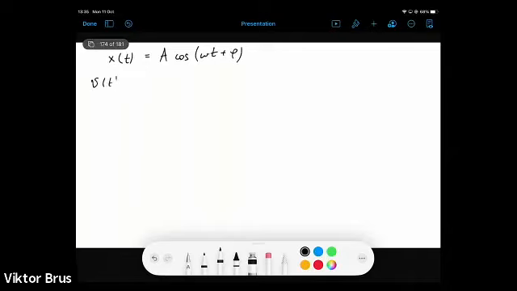v as a function of t, velocity, is the first derivative of displacement over time, and that will be minus. We will have this omega from the argument of cosine times A times sine of omega t plus phi. Now we go one step further, acceleration as a function of t.